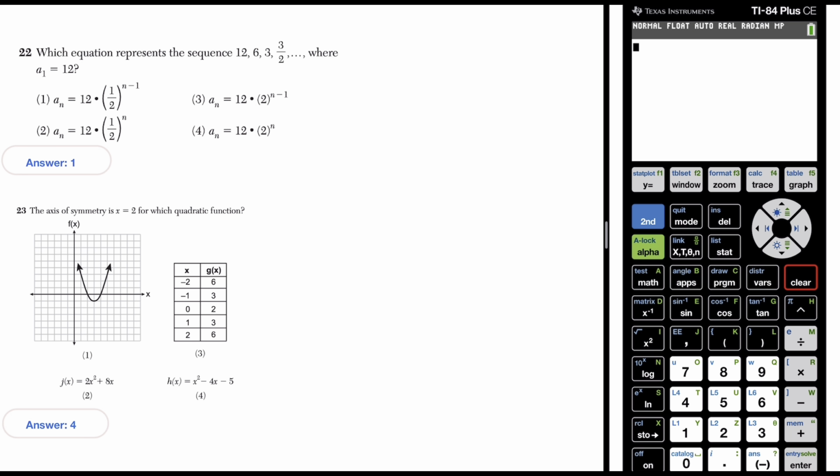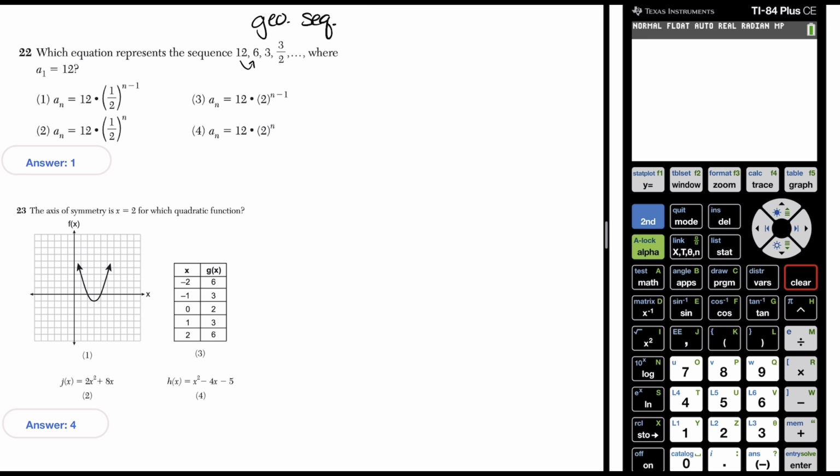And I see that my numbers are getting smaller, 12, 6, 3, and they're halving. I'm noticing a pattern here. This is not just subtracting by the same amount. This is a geometric sequence, meaning it's going down by a ratio instead. So how can I go from 12 to 6 without subtraction?